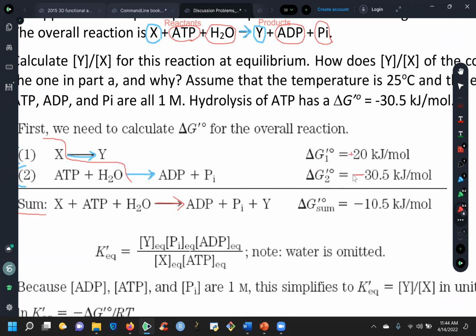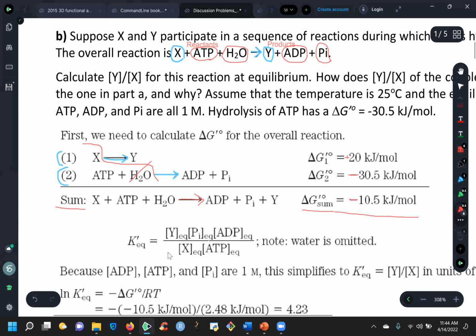Okay, so now to take the sum of the free energy, all you do is add these. So plus 20 plus a minus 30.5 gives you a negative 10.15. So we know that if we have a negative delta G, this is going to be energetically favorable. So whenever we do this kind of math, we remove water. Water does not participate in the math.